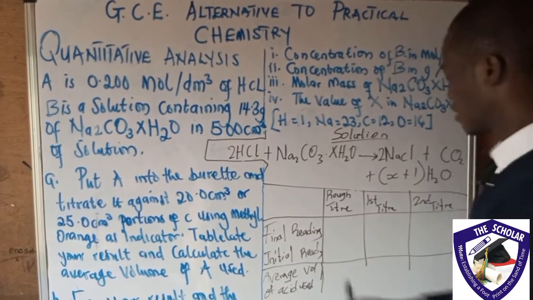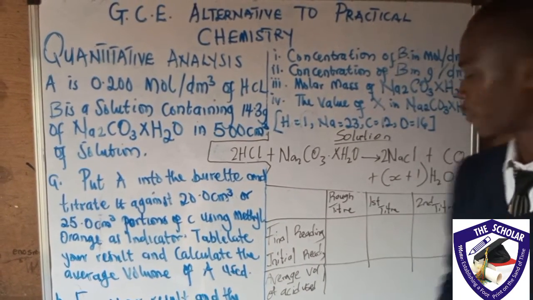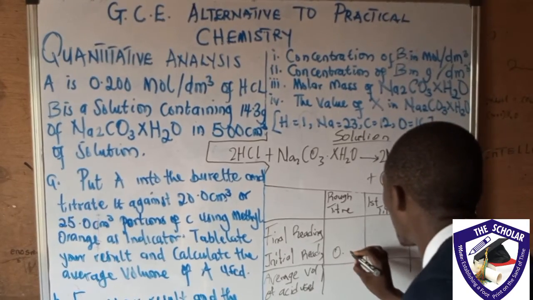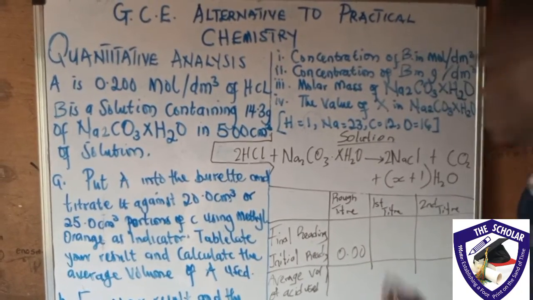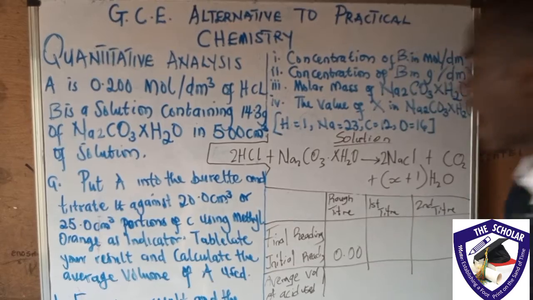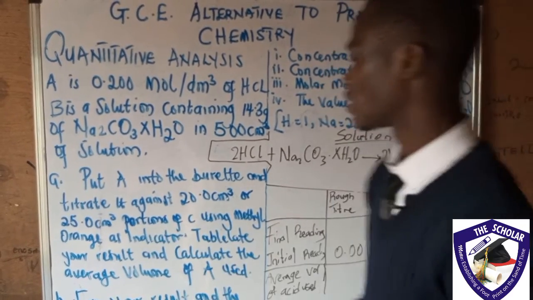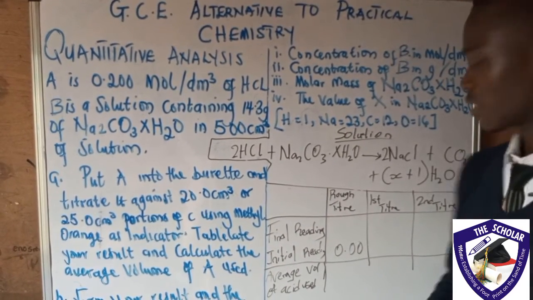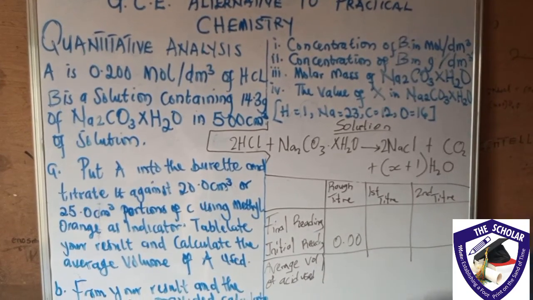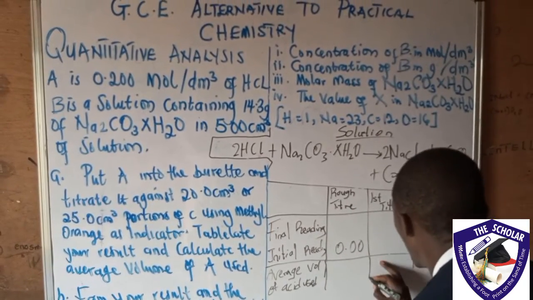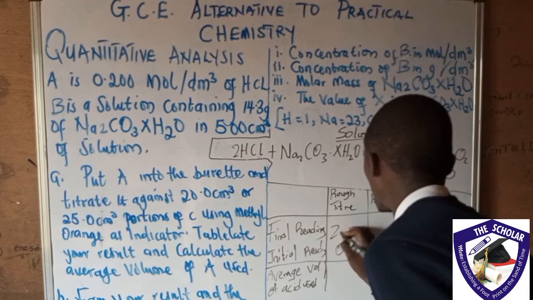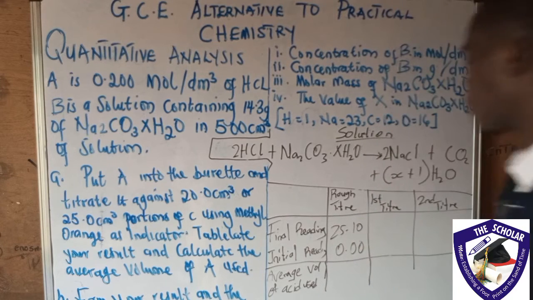Now, while carrying out this reaction, for my rough titer, I started with 0.00 centimeter cube. I made use of the 25 centimeter cube burette. Are you with me? So my initial reading was 0.00 and my final reading was 25.10.